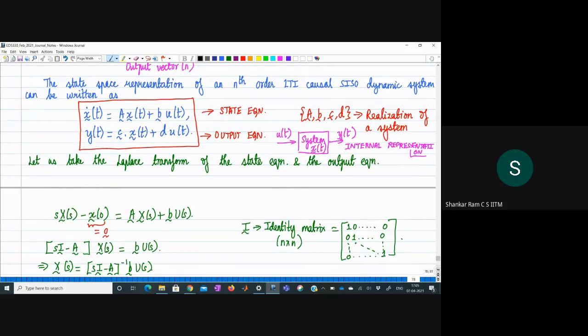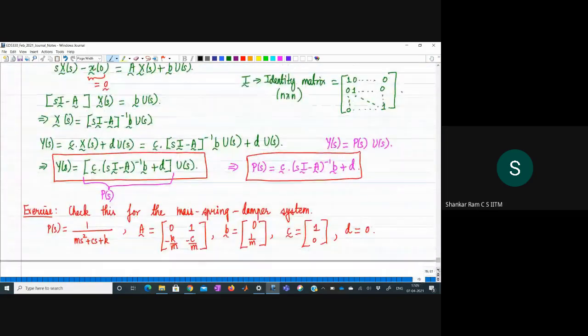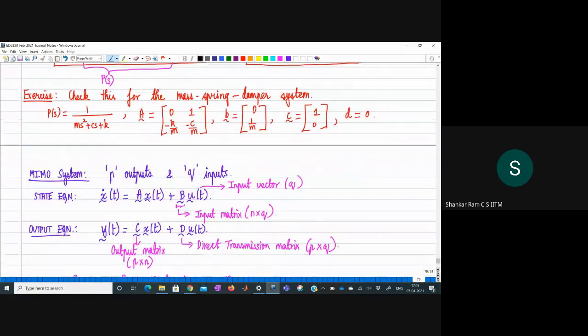And then we discussed an equivalence between the transfer function and the state space representation. So P of s will be C times (sI minus A) inverse B plus D. And I gave you an exercise to check this expression for the mass spring damper system.